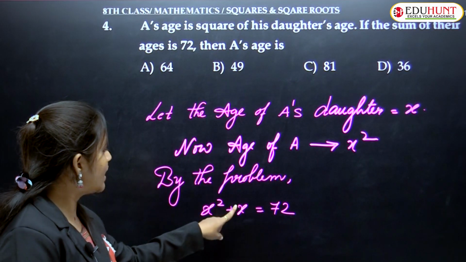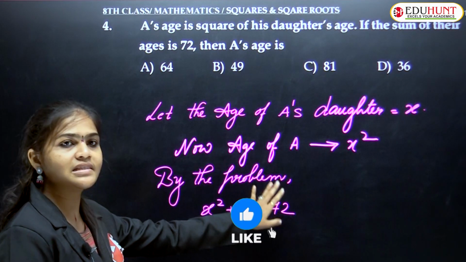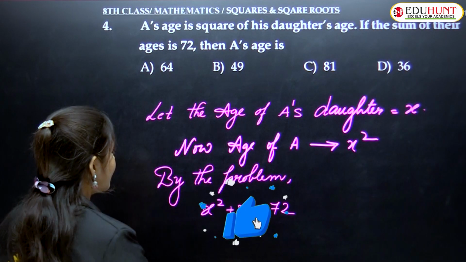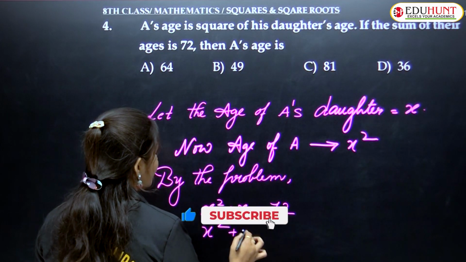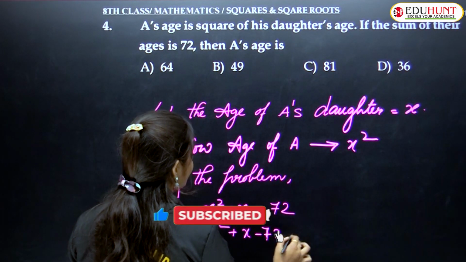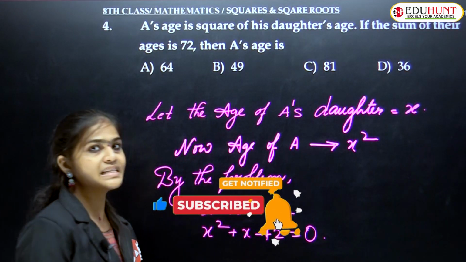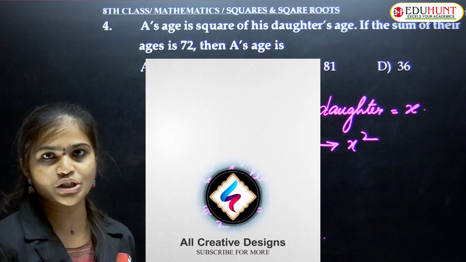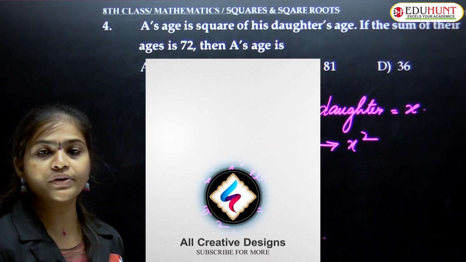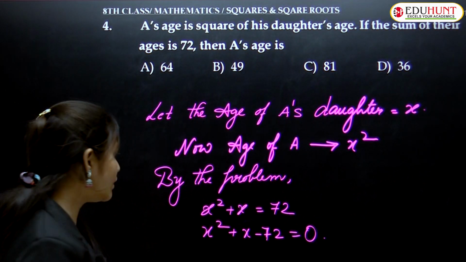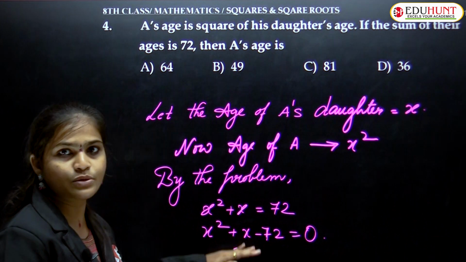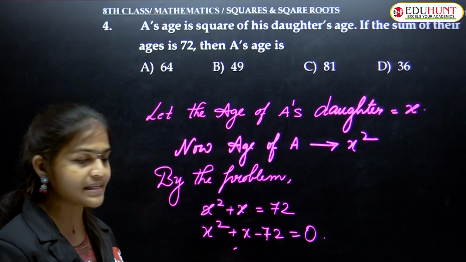Here x square term is there, x term is there, and constant term is there. So we can write this as x square plus x minus 72 is equal to 0. So this is in the form of a quadratic equation. Here we have to find the roots of this quadratic equation. Those roots are the answer.